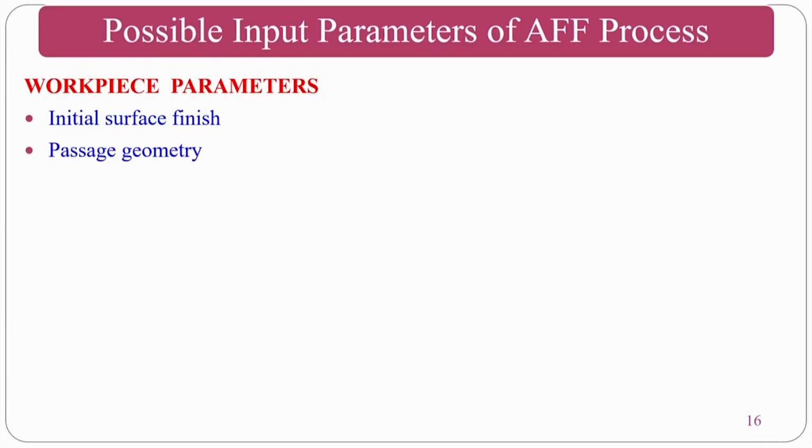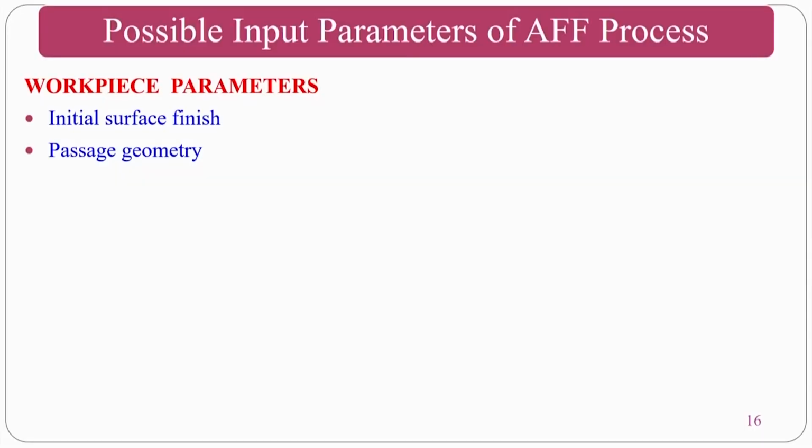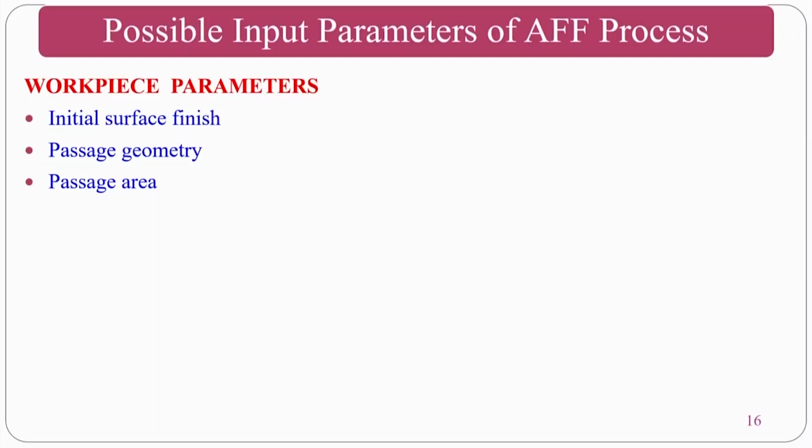Passage geometry: if the passage geometry is too narrow, then the forces experienced for the same extrusion pressure will be very high, and you get the required surface finish in only a few cycles. If the passage geometry is big, then you need more and more cycles. Passage area, the cross-sectional area, also plays a major role, because if you have sharp edges like a square, your medium may not reach those surfaces.